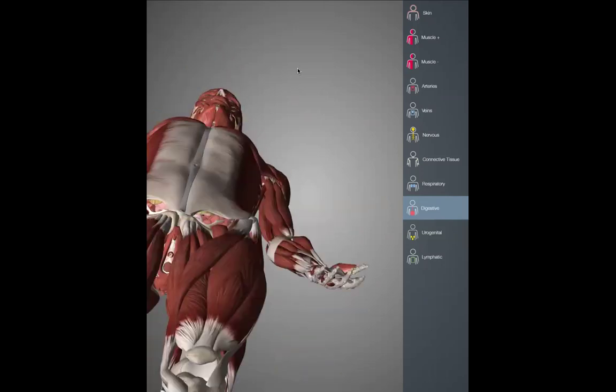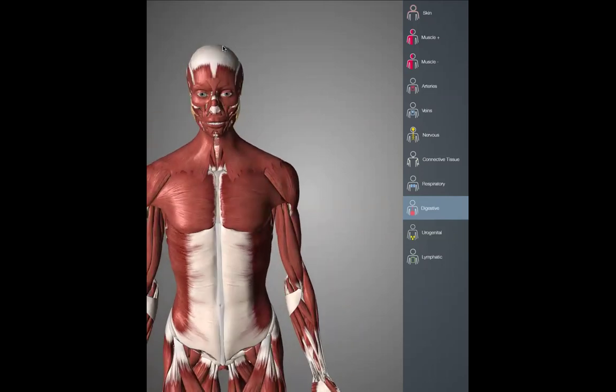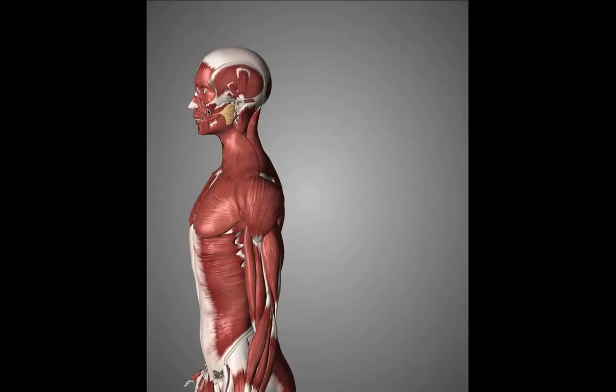So let me draw it. Imagine that you have the nasal cavity, which contains muscle fibers covered with a mucous membrane.